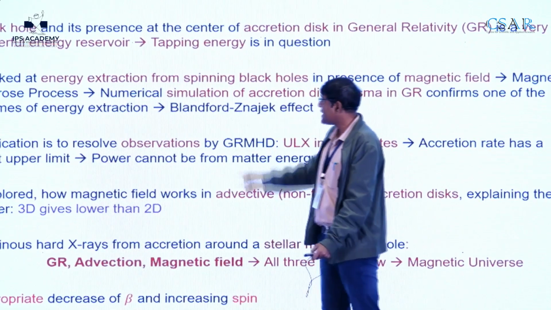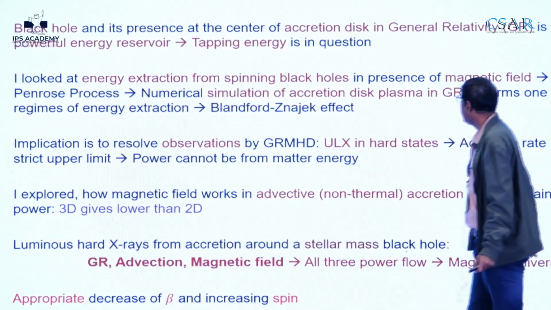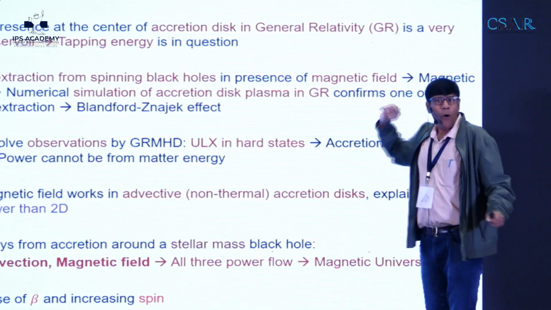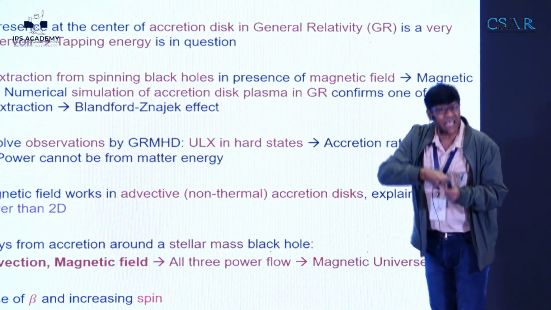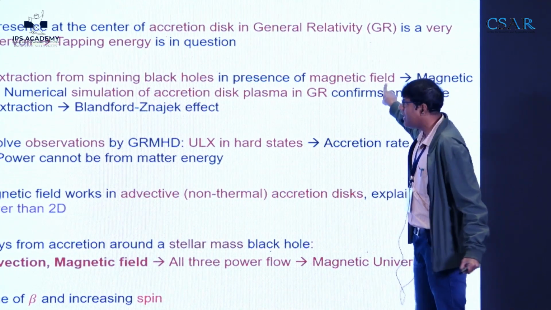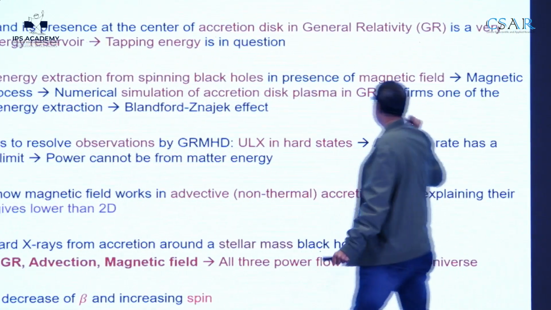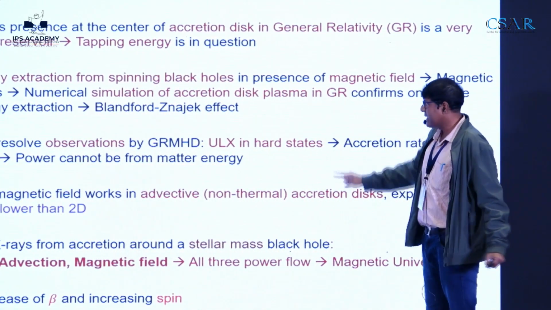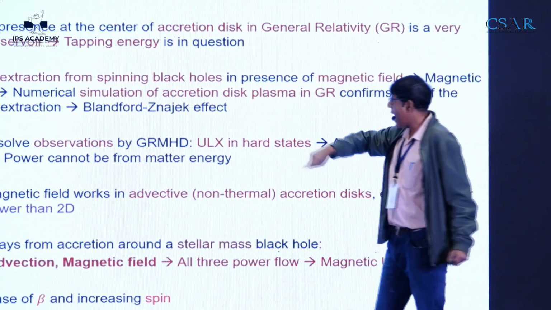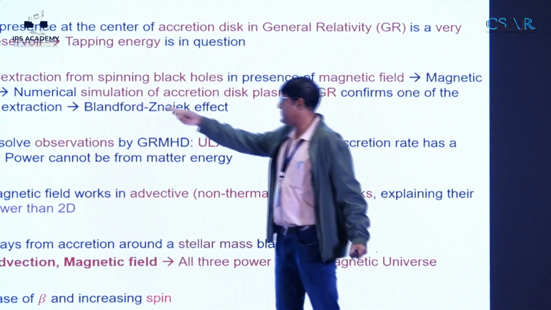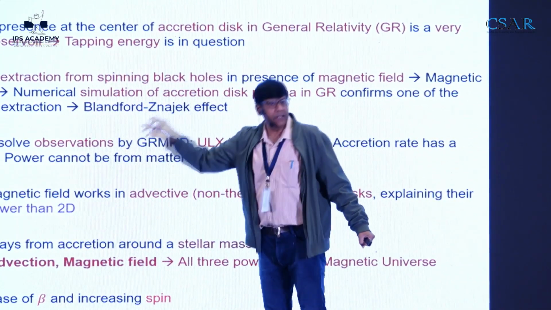So I looked at energy extraction from a spinning black hole in the presence of a magnetic field. A black hole could be susceptible to give you energy. To get energy extracted, you have to have a magnetic field. And our numerical simulations say that the theory proposed by Penrose and later modified by Blandford and Znajek is indeed possible.